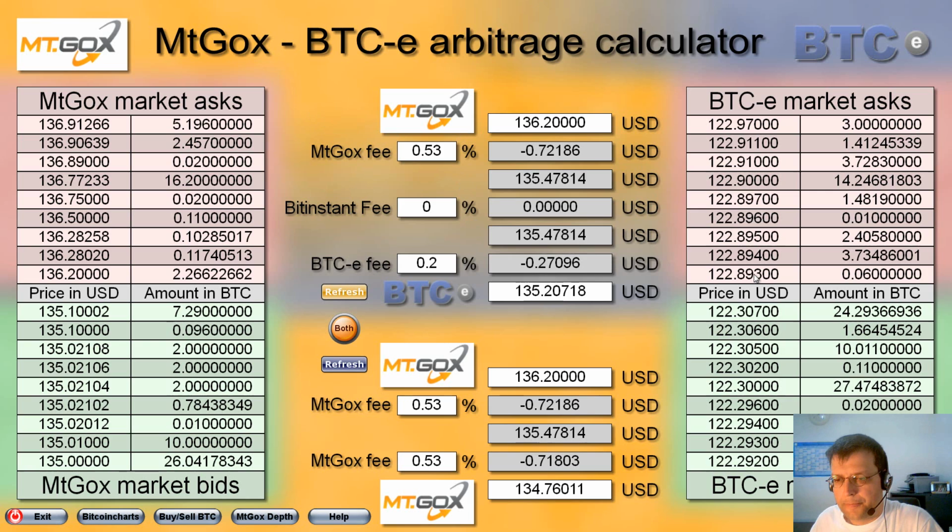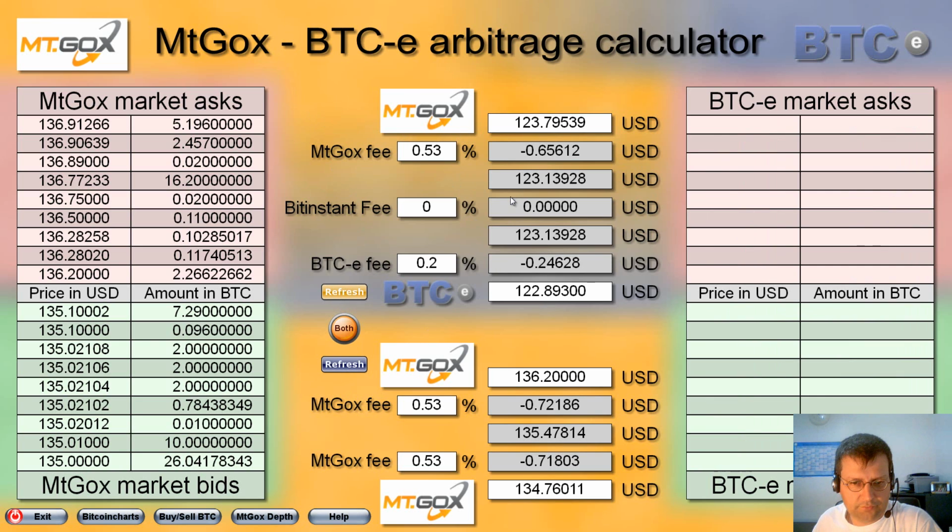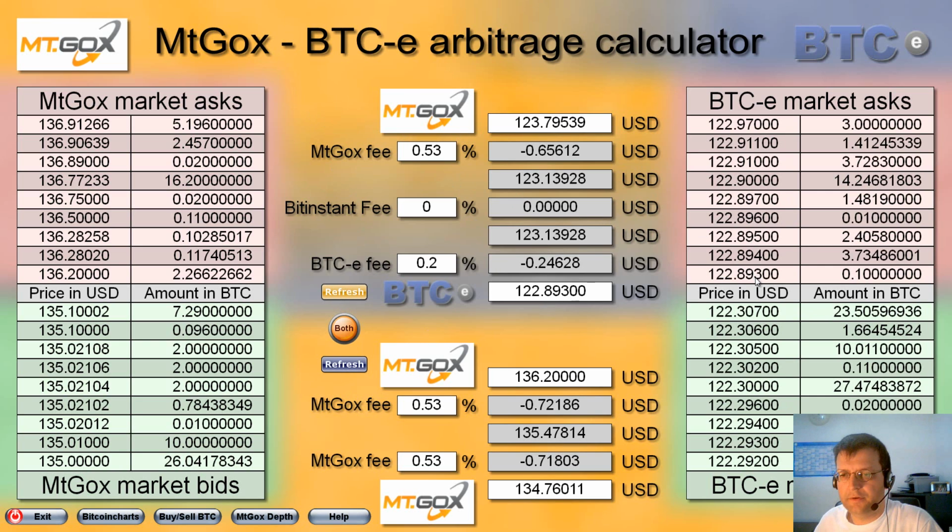Let us just check this one. Okay, just refresh once more, just the BTC side. Just correct this one. This is a BTCE trading fee, and this is a BTCE trading fee again. Just let me show what we can calculate.